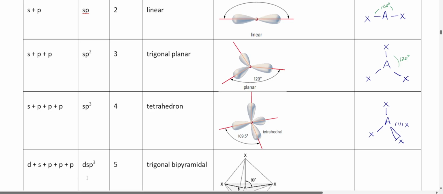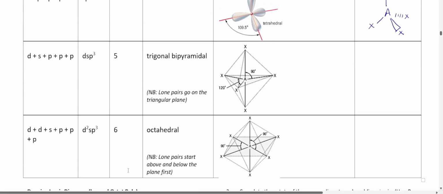Now, the challenging ones that we'll see right here are the ones where a central atom is able to form more than 4 bonds. And that's when we involve the d subshell in our bonding. So if one d orbital and an s, a p, p, and a p all hybridize, we get 5 dsp3 hybrid orbitals, and they make this trigonal bipyramidal shape.